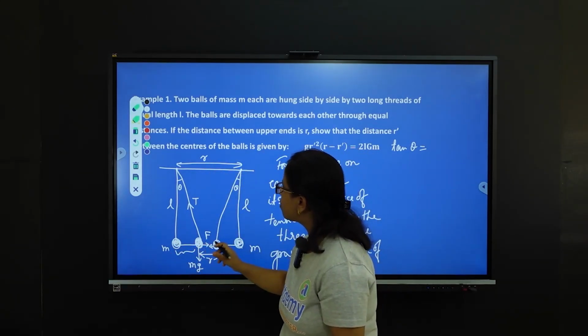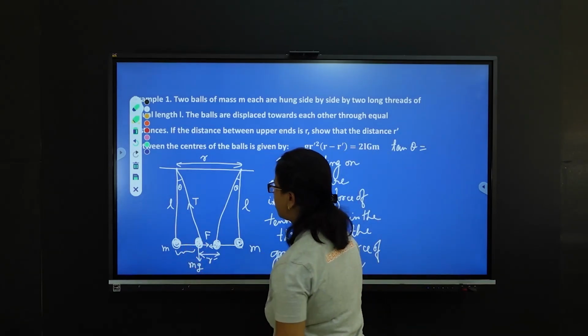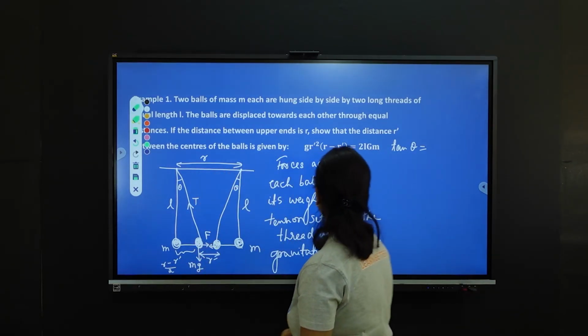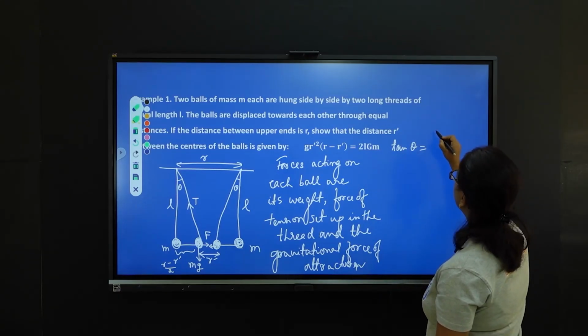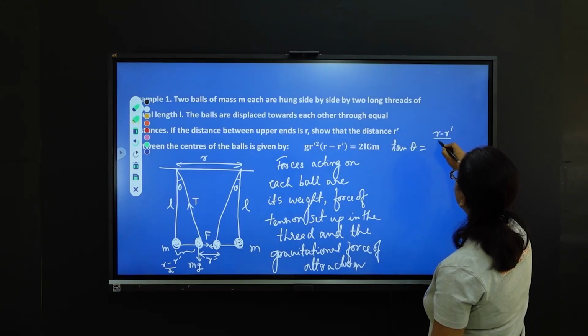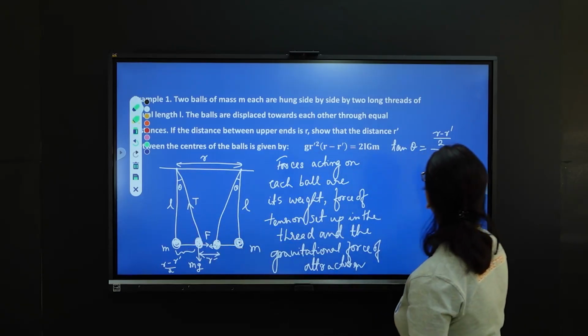Since they are displaced through equal distances, each of these distances is equal to (r minus r dash) by 2. So we have tan theta equals perpendicular by base. Perpendicular is (r minus r dash) by 2, and the base is L.